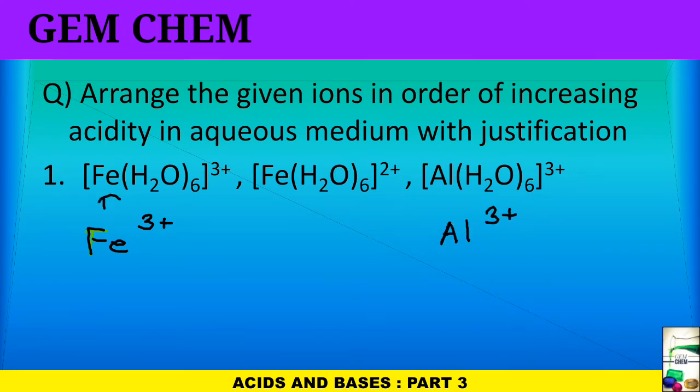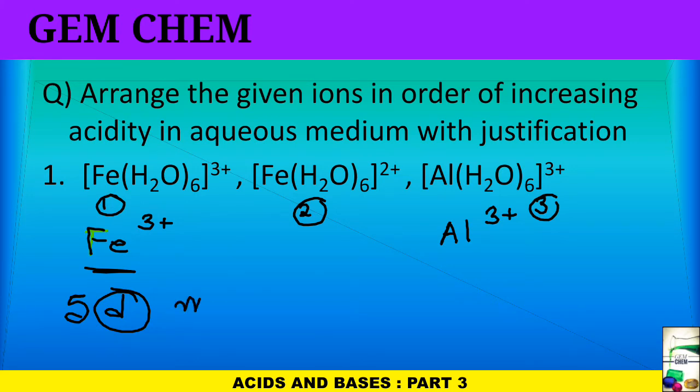If we consider this is 1, this is 2 and this is 3, we can say that among Fe3+ and Al3+, the effective nuclear charge of Fe3+ is higher because it has d orbitals, whereas aluminum has no d orbital. This is the reason why it has more positive charge density.